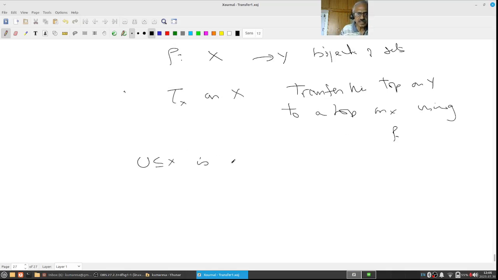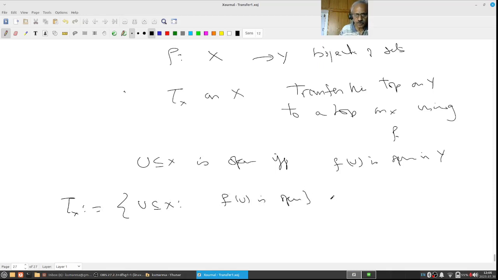I declare this is open if and only if f of u is open in y. Then this collection tau of x, which is u subset of x such that f of u is open, is a topology on x, and f from (x, tau x) to (y, tau y) is a homeomorphism.